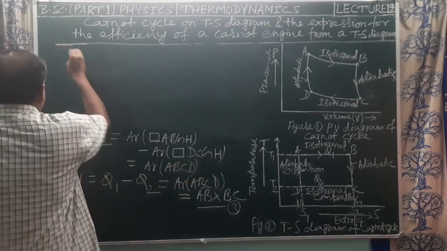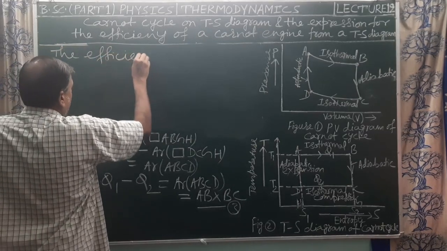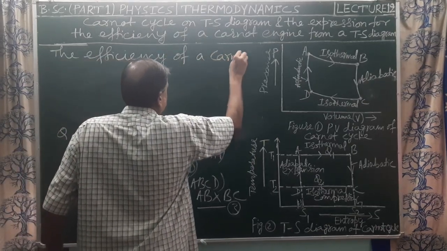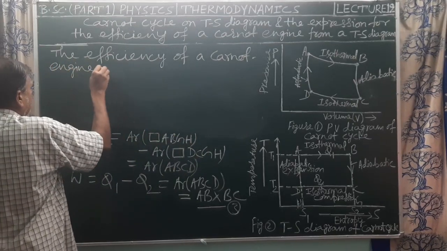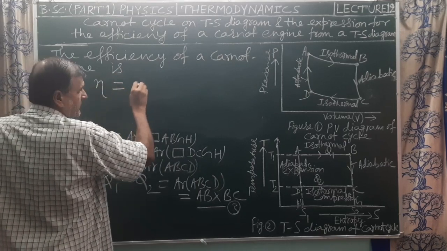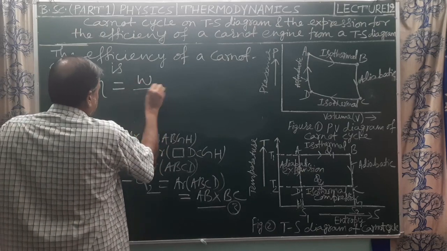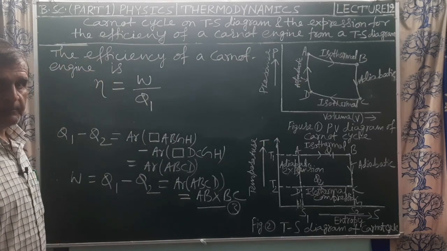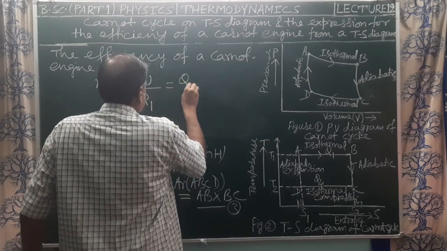So write down the efficiency of a Carnot engine. It is given by eta equals W upon Q1, that is, work done by the system upon heat absorbed by the system from the heat source, and W is Q1 minus Q2.